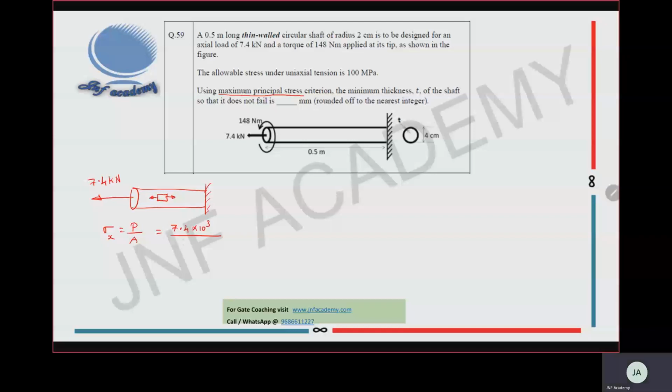So this is a thin-walled circular shaft. The area is 2 pi RT, you have to use 2 pi RT. If we simplify this, here your R value is how much? 2 centimeter. Yes. 7.4 into 10 power 3 over 2 pi, R value is 0.02. I am substituting in meter.